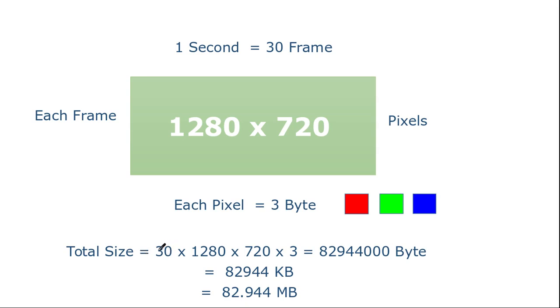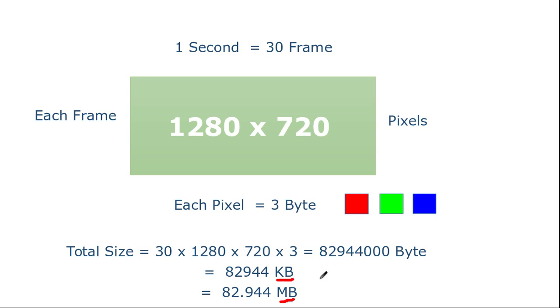So we have a total of 30 frames, each frame is 1280 cross 720 pixels, and each pixel requires 3 bytes. If you multiply all those things, you will get somewhere around 82.944 MB. This is in bytes, and I have converted it into KB and then into MB. So you can imagine the amount of space required for just 1 second of video.